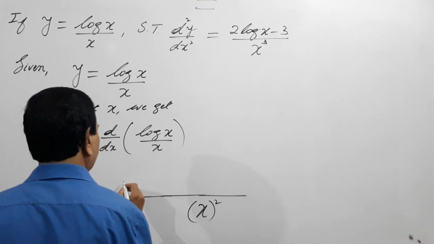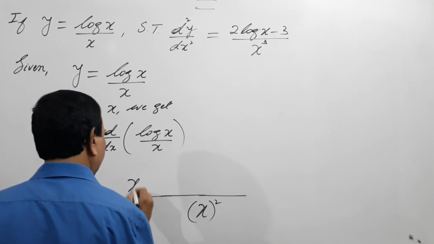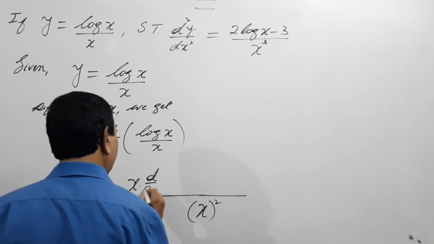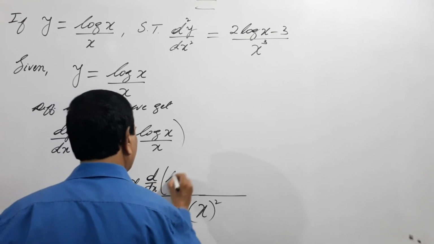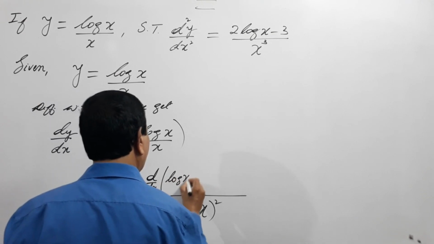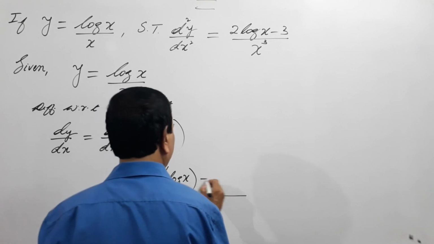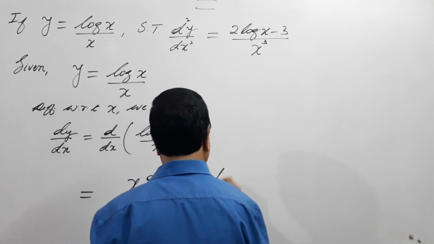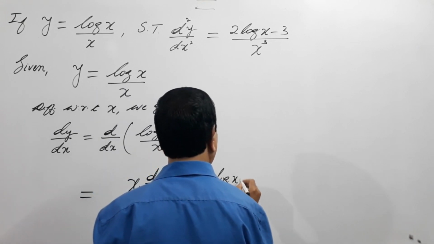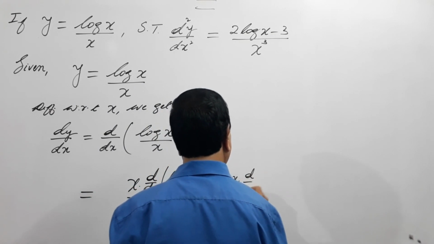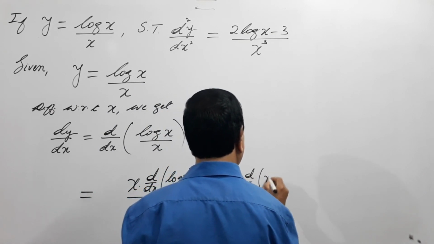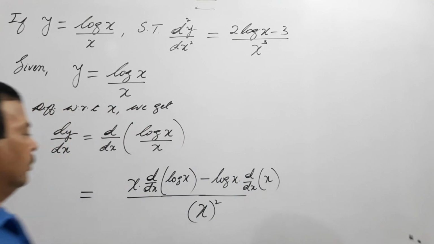Here, x into d by dx of log x, minus log x into d by dx of x.